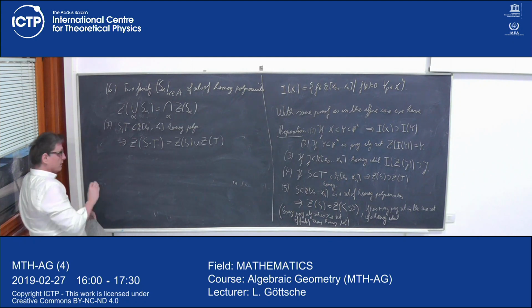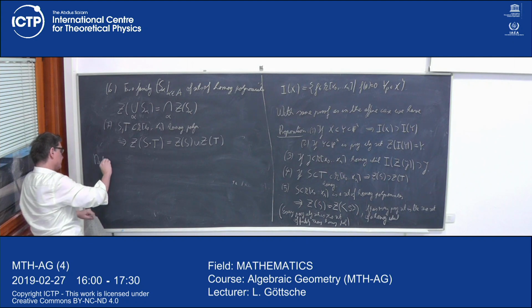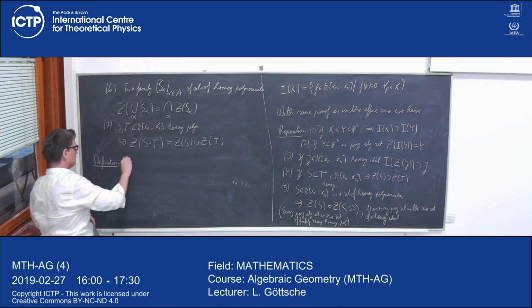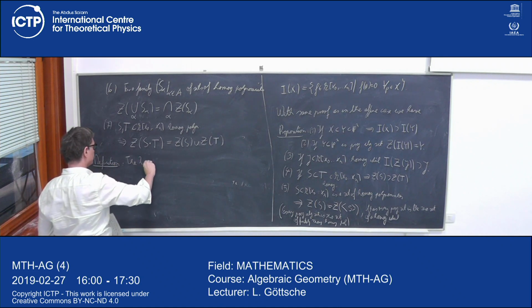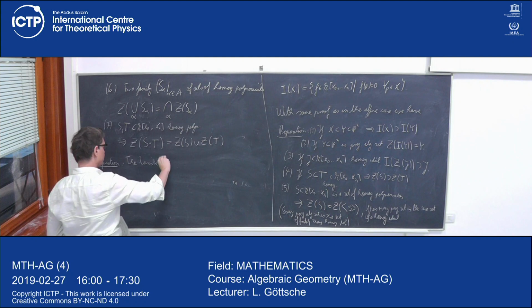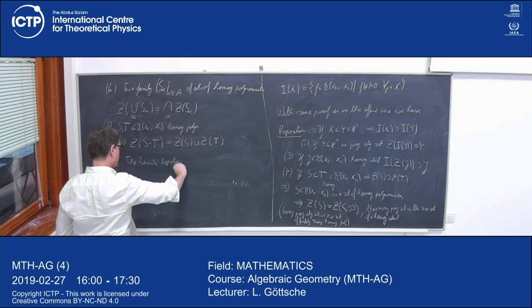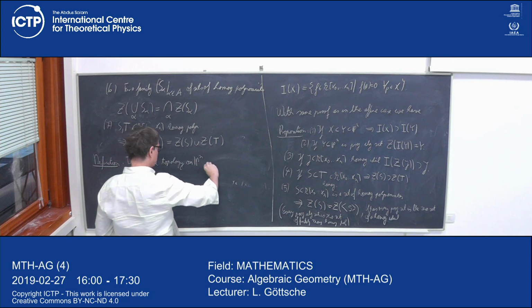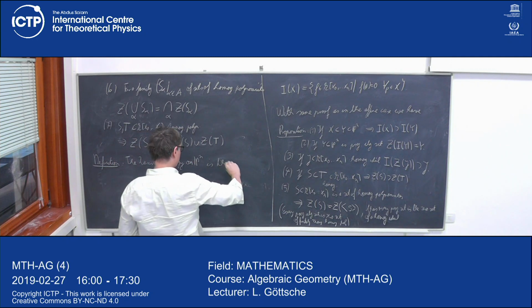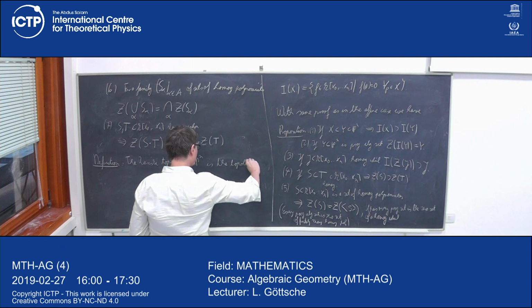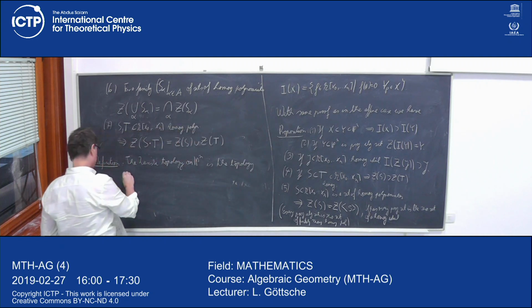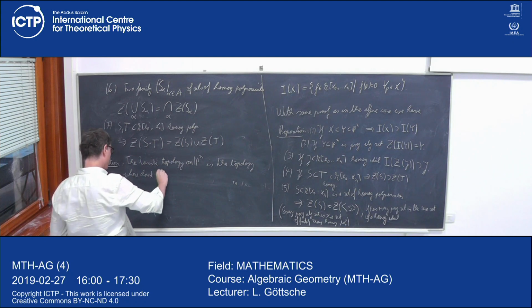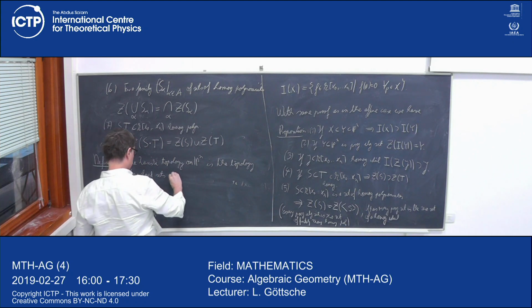So, definition: the Zariski topology on Pn is the topology whose closed sets are the projective algebraic sets.